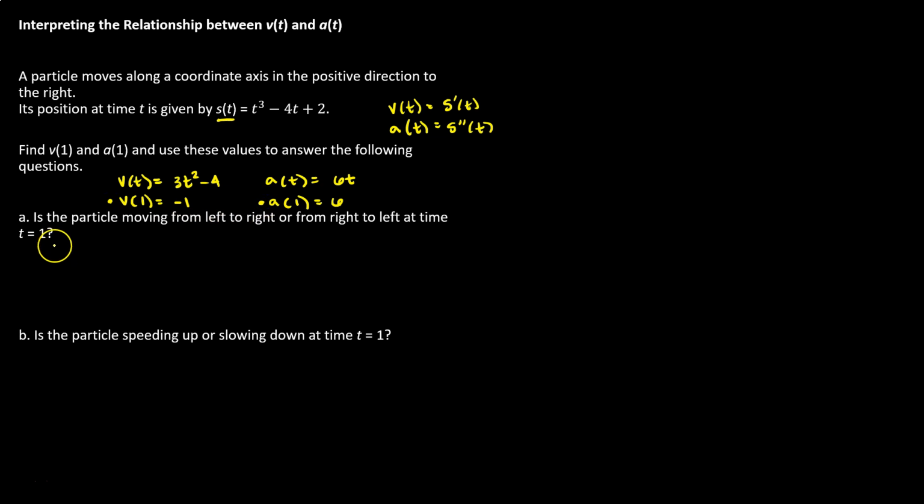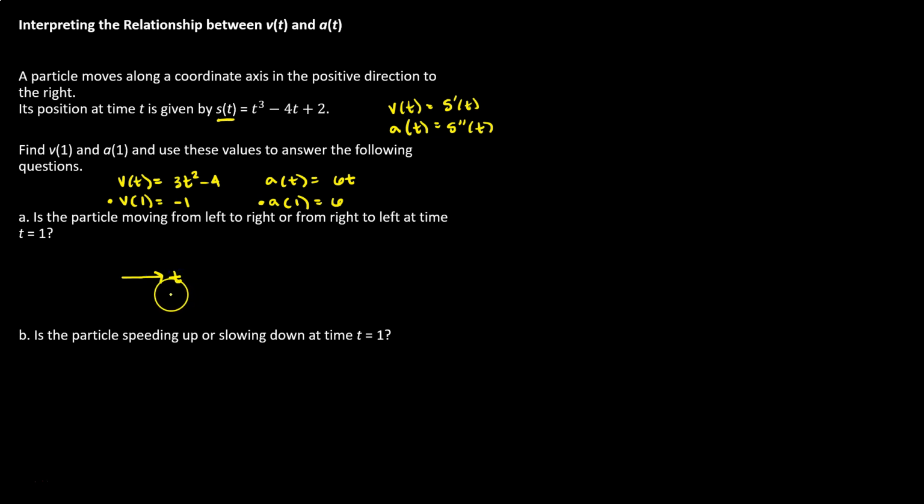Now we want to answer the question, is the particle moving from left to right or from right to left at t equals 1? So let's think about it. The velocity is negative 1, and typically t increases to the right.